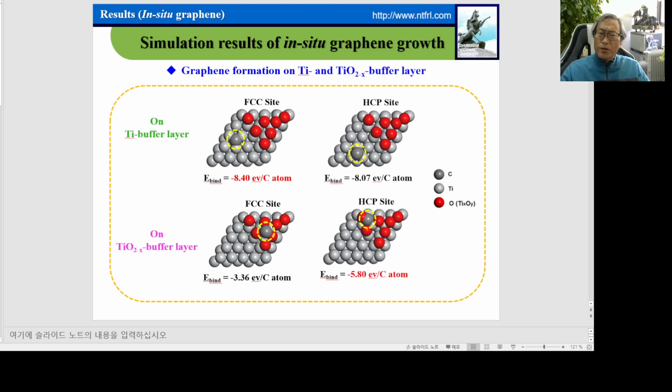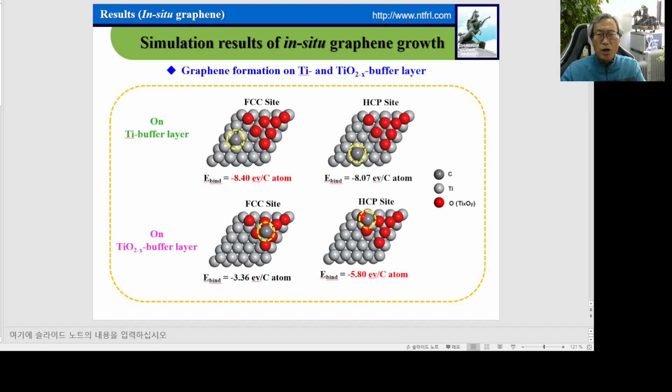Before growing the graphene onto the titanium buffer layer, we should know whether graphene growth onto the titanium layer is possible or not. This is a simulation result.